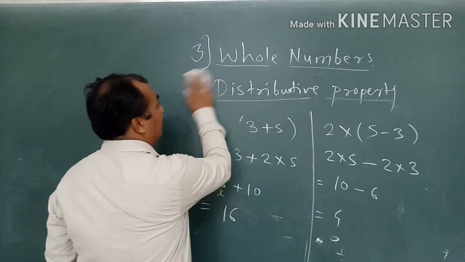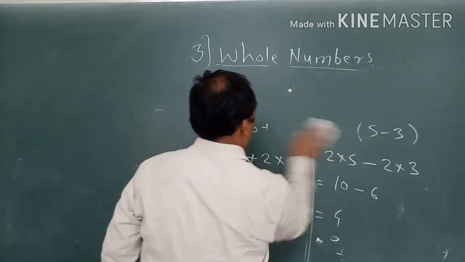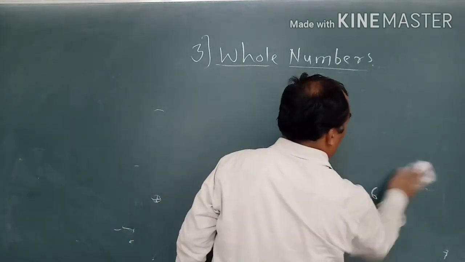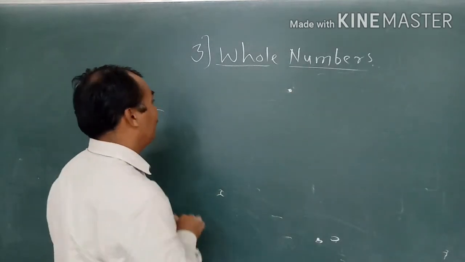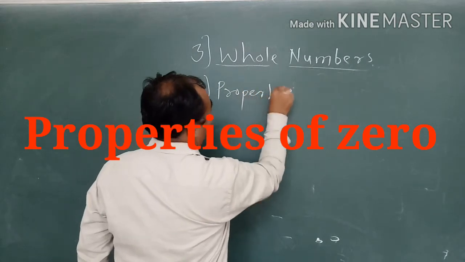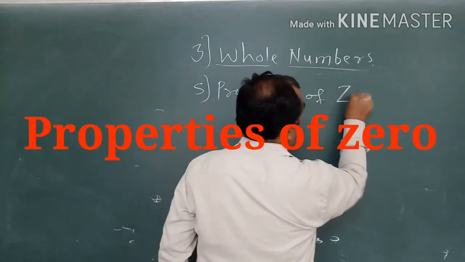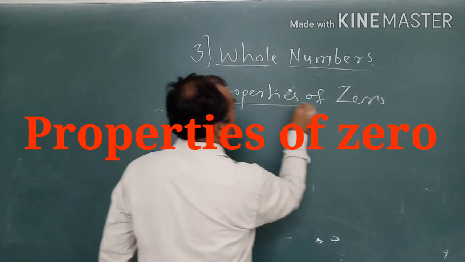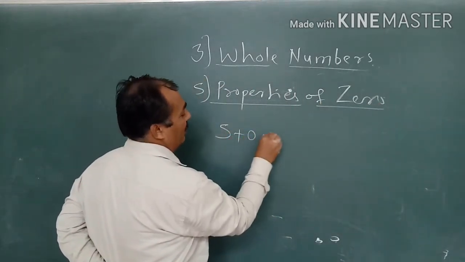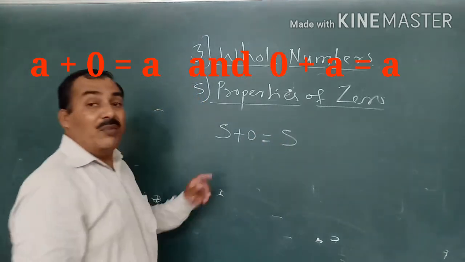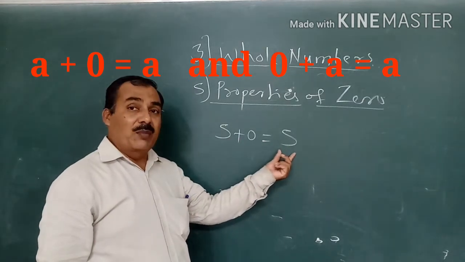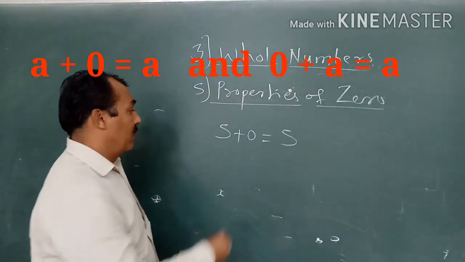Now let us learn the properties of zero. Five plus 0 is equal to 5. When we add 0 to any number, we get the same number.